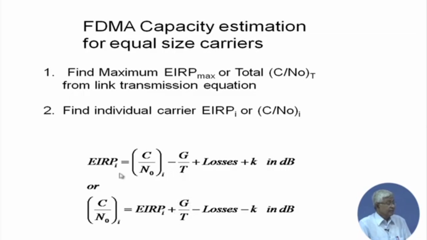So, just by changing the side, the EIRP of an individual carrier from the satellite is C by N naught of the individual carrier minus G by T of the station plus whatever losses are coming, and K is the Boltzmann constant, if you remember. Now where is the efficiency coming in? It is the losses.